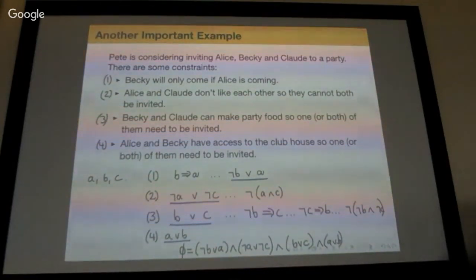And the colors will be the available slots. A slot could be time, day, and place. So it's a very useful model of graph coloring. Okay, I wanted to say that.